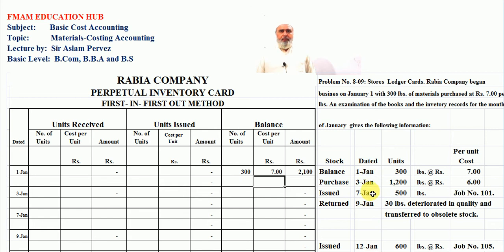Students, now on 3rd Jan we purchase 1200 pounds of materials at the rate of rupees 6 per pound. Now we record this purchase in the units received column here: 1200 pounds at the rate of rupees 6 per pound.